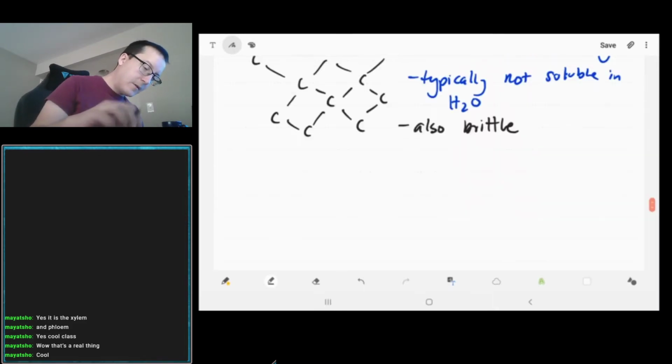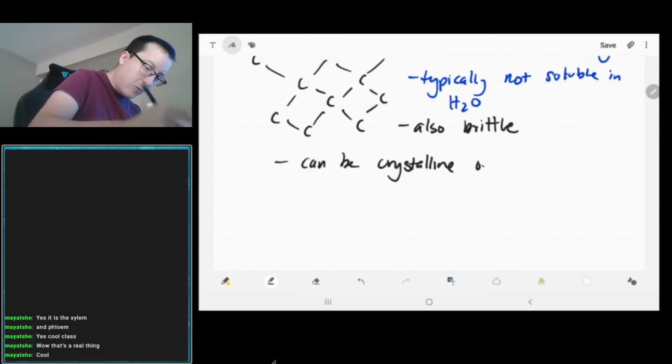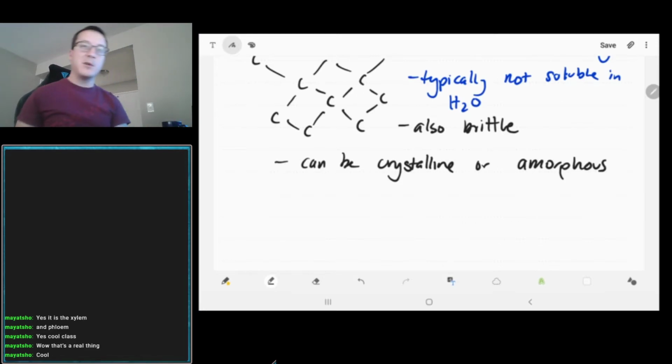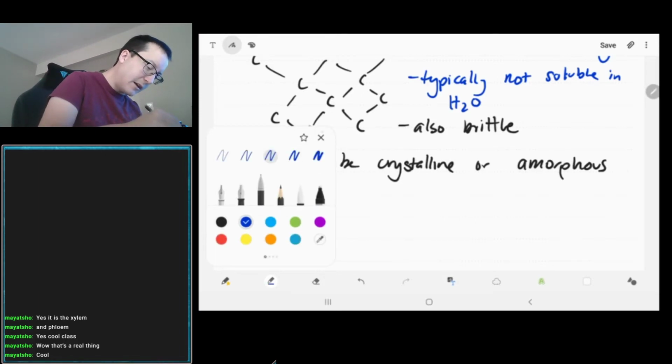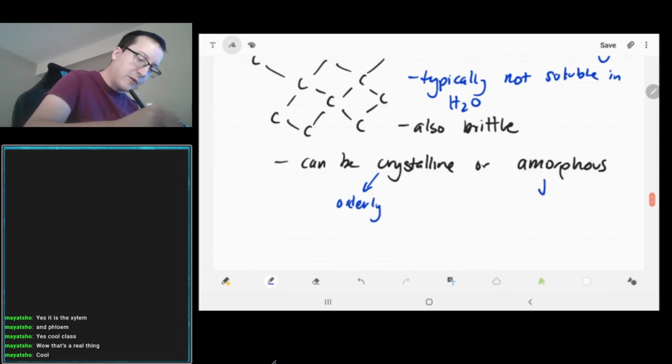Alrighty. So these can be crystalline or amorphous. I believe we talked about crystalline and amorphous solids early in the semester. We'll just remember that crystalline ones are orderly, and amorphous ones are kind of chaotic.